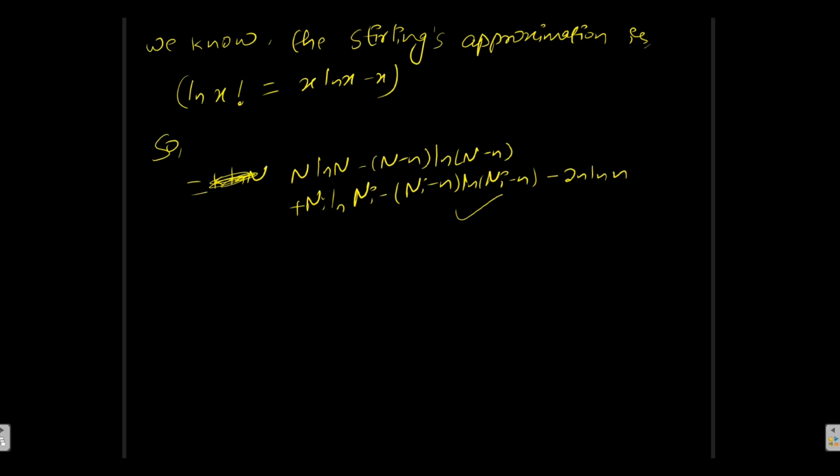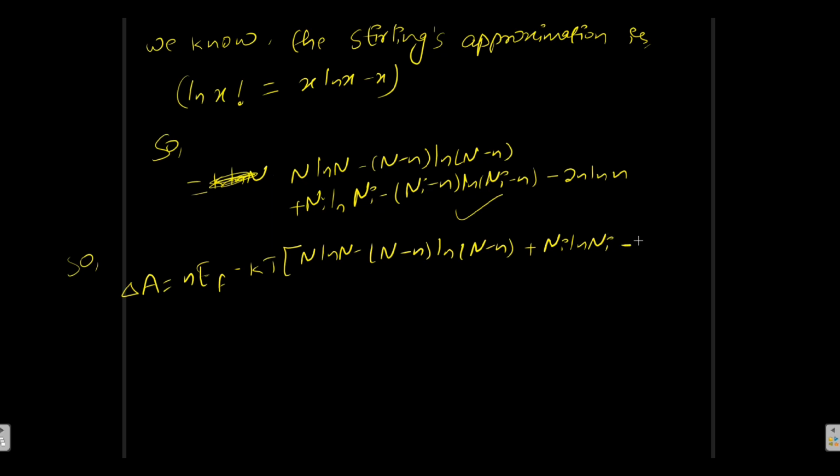So after this, if we put this value in the previous equation of del A, del A will become n E_F minus kT times N ln N minus N, minus n ln n minus n, plus N_i ln N_i minus N_i, minus n ln N_i minus n, minus 2n ln n. We get this much, right?